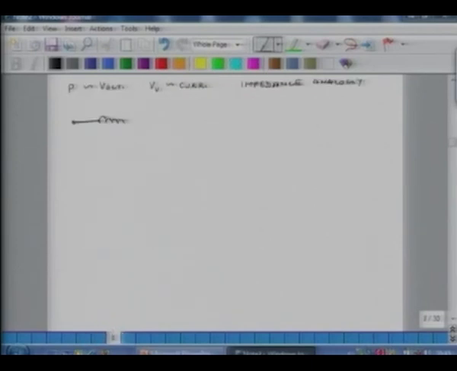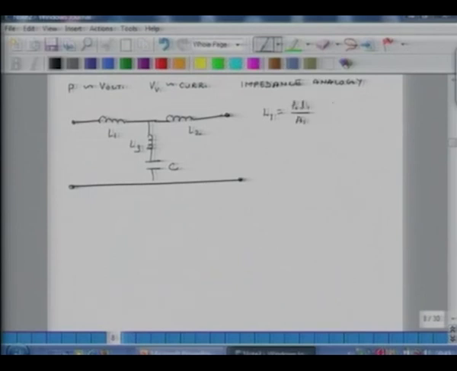So let's say this inductance is L1, L2, L3, and this capacitance is C. So my L1 equals rho naught times length of the first element over A1.